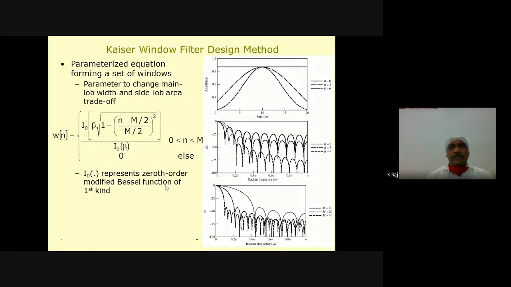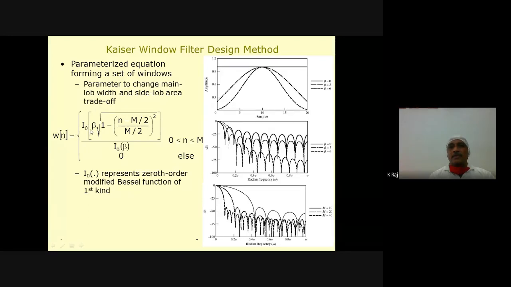Now if we consider another window, the Kaiser window filter design method, it is a parameterized equation that forms a set of windows. The parameters change the trade-off between main lobe width and side lobe area. There is a compromise between the main lobe width and the side lobe area, and for that the parameter beta is selected.